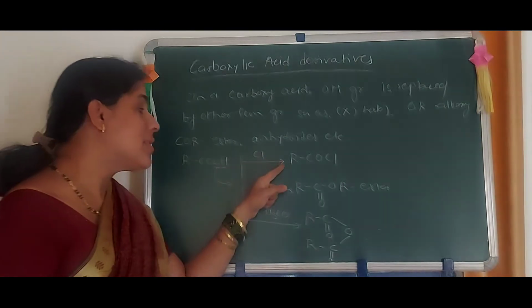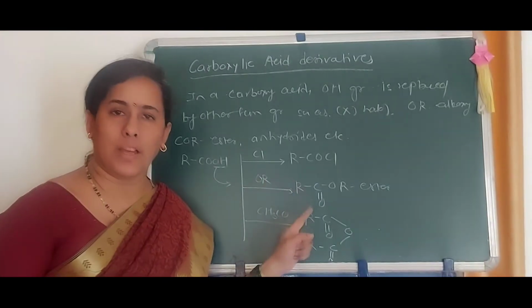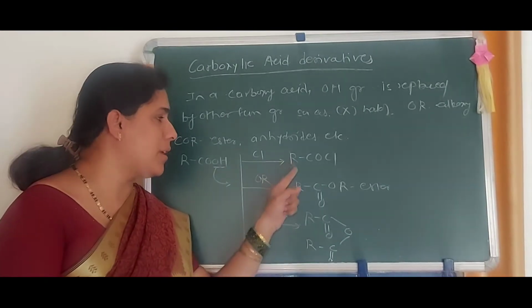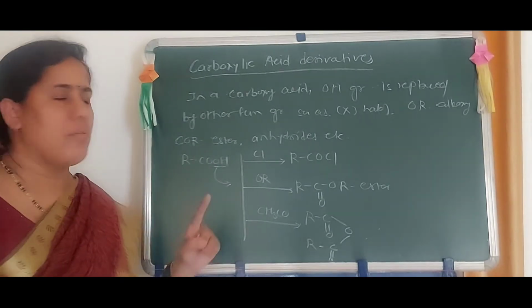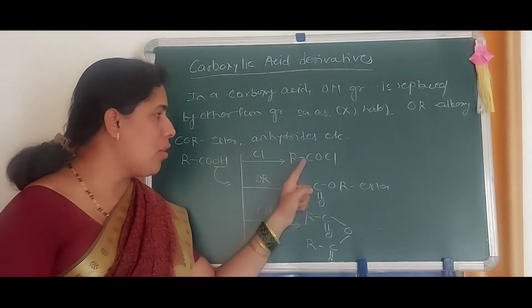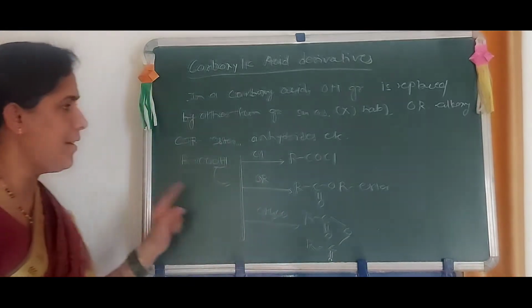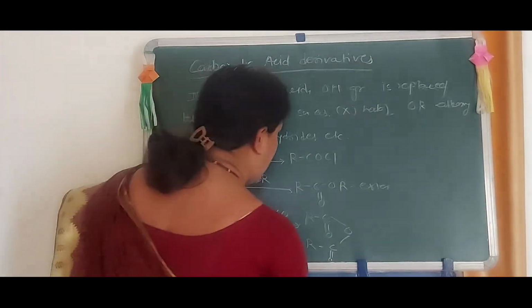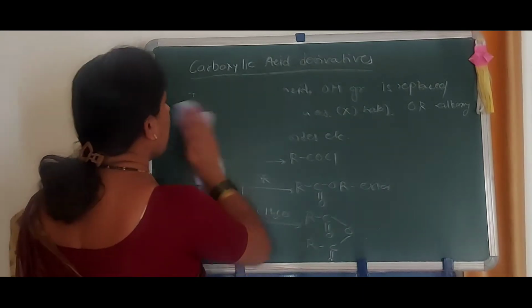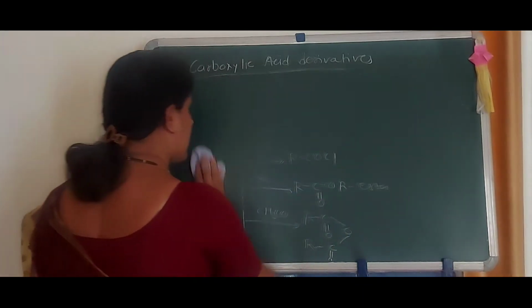Now these are some derivatives of a carboxylic acid. Of these we have to study only two in detail, that is acyl chloride and acetic anhydride. Now we are going to see examples.